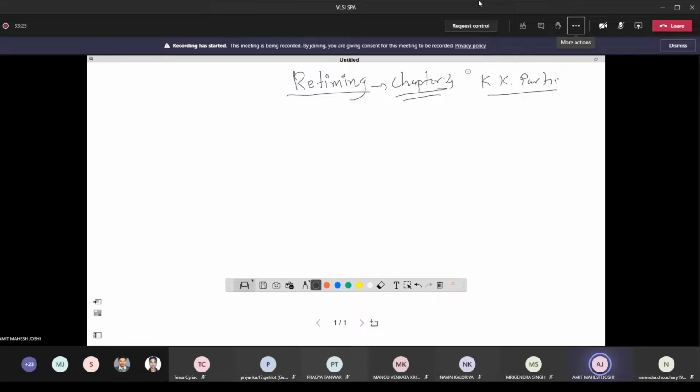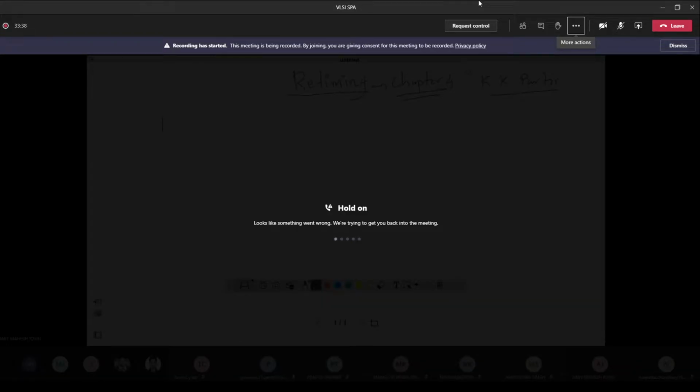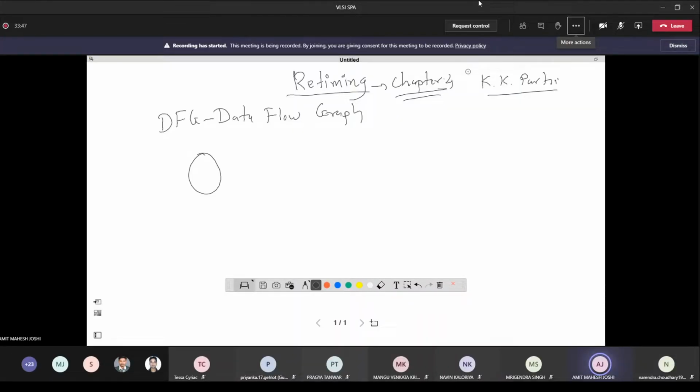Now, the graph can be of different types, with some sort of nodes like this, and you have some edges which are connected with the nodes.